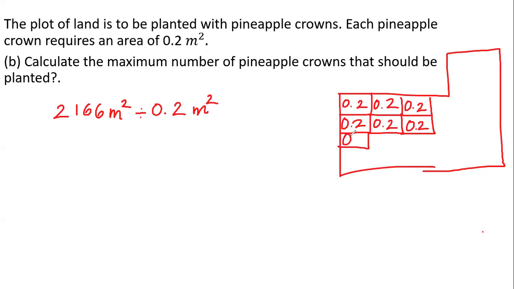Now, we don't know how many. That's why we divide, to figure out how many 0.2 we can have, because each 0.2 represents what? What am I actually putting in each one of these slots?